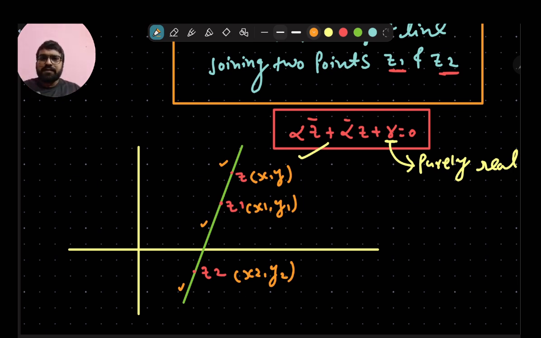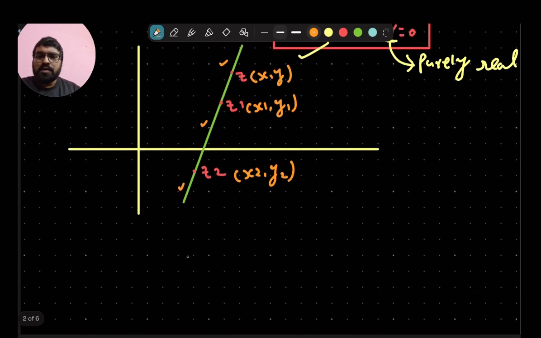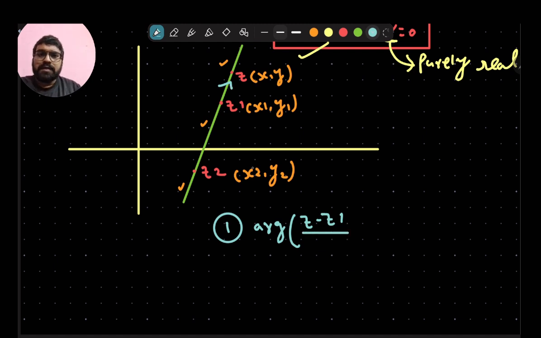There are a few things that we have to understand before jumping into the proof, that is, the important points we can conclude from the given expression. The first thing we can understand, if I talk about the argument, is the argument of (z minus z1) upon (z1 minus z2).